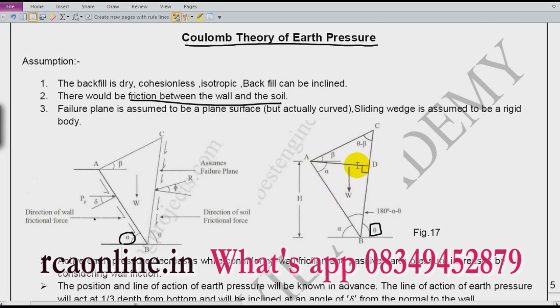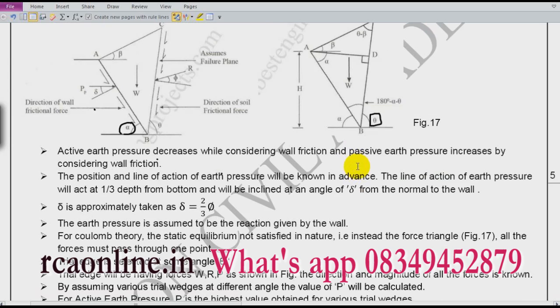Is it okay? So what other things he has said? I just repeat, it is not applicable in nature. The static equilibrium condition which he draws by the triangle, I am not going into the detail of this.